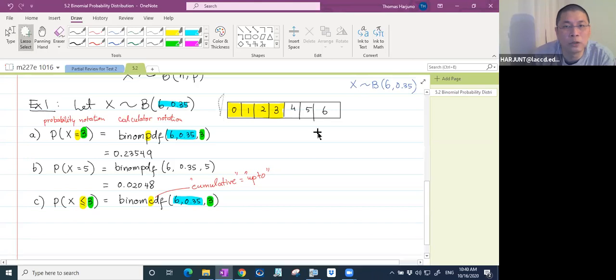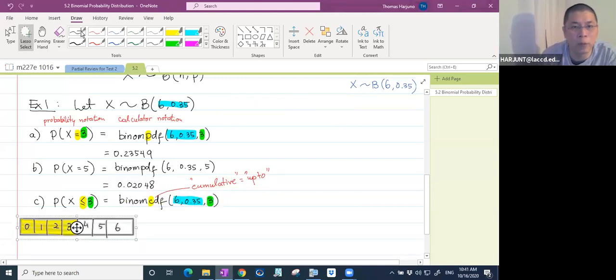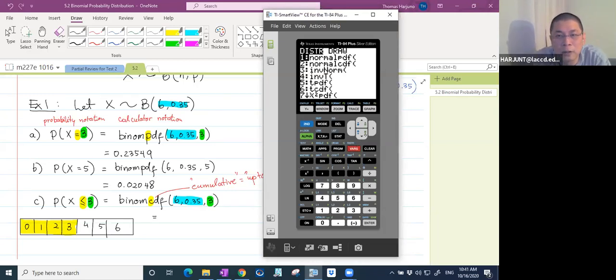Now, you can try using your calculator. The position for binom CDF is right below binom PDF. So if I use my calculator here, second, distribution, scroll down. You see binom CDF here?